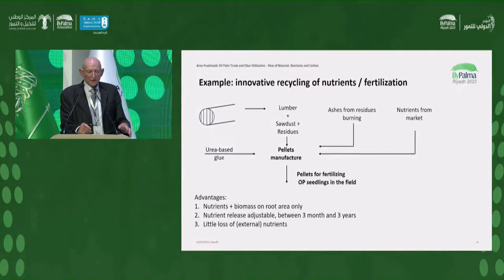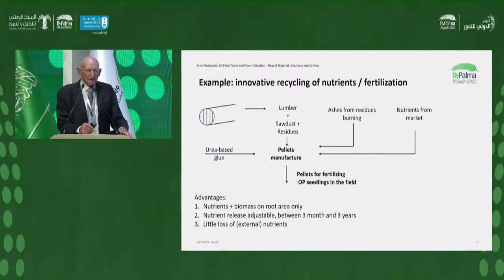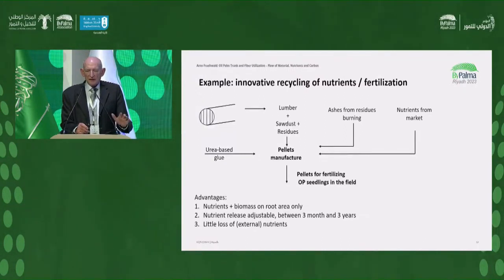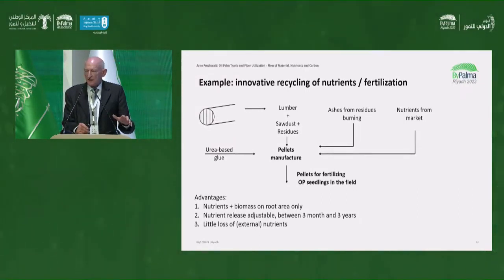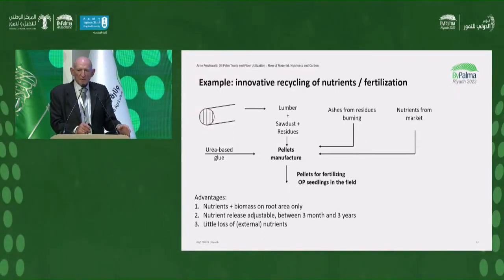And then, with an intelligent hardening system of the urea glue, we could even define the time of release of the nutrients. Could be 3 months, could be 12 months, could be 3 years. And so the idea is to bring back some fiber mass together with nutrients to the area in the plantation where it's needed.